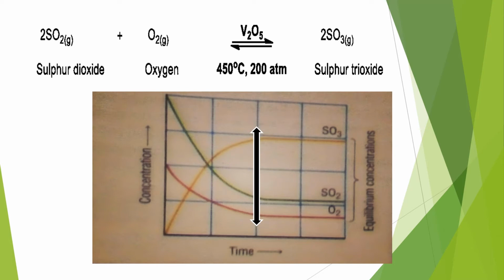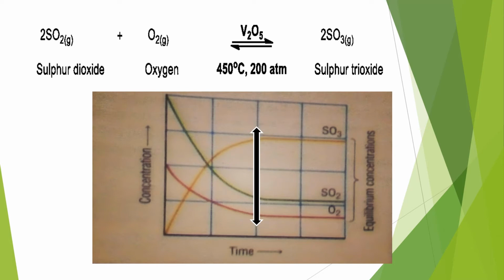But after some time, with the passage of time, what happened? The concentrations of sulfur dioxide and oxygen are decreasing. You can see in this graph the line is going downward. This shows that the concentrations of sulfur dioxide and oxygen are decreasing, while the concentration of sulfur trioxide, shown in this yellow line, is increasing with the passage of time.